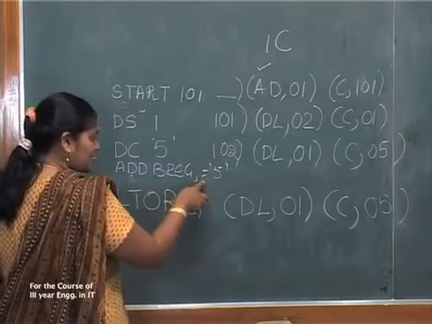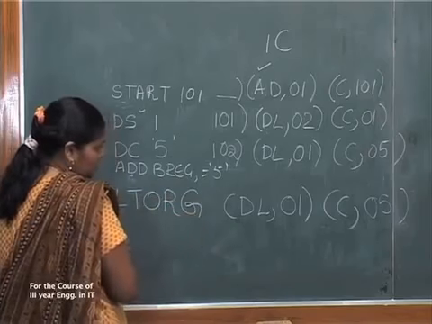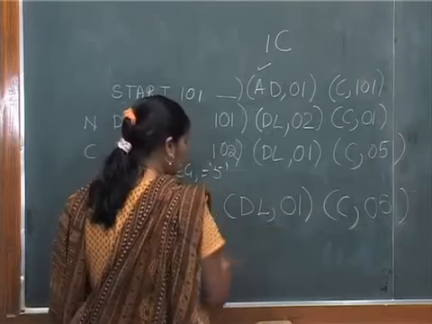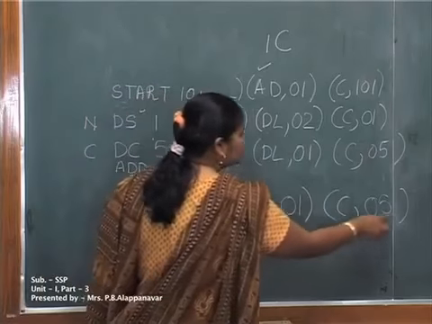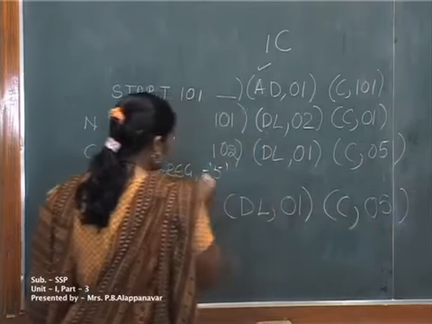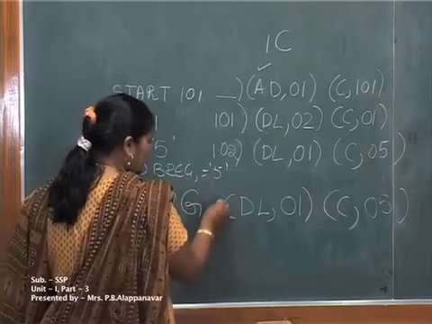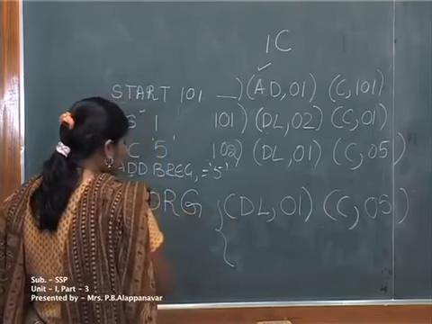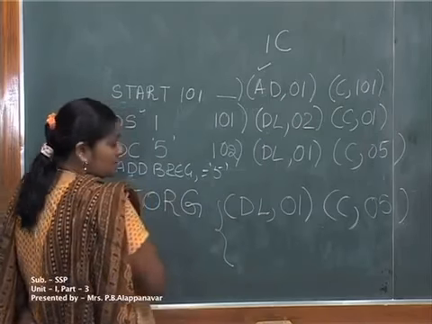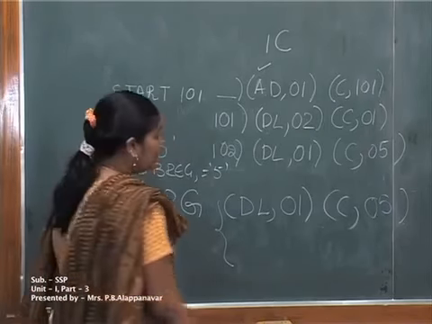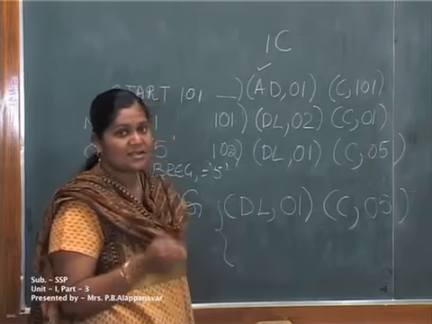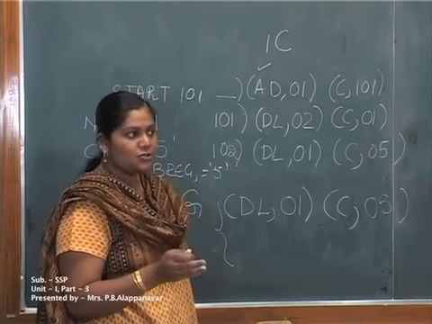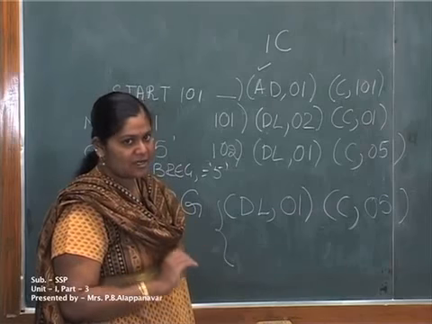Now for this literal 5, when we encounter the LTORG statement, I have encountered only one literal, so I will write DL 01 and I will write constant 05. And if you have encountered more, you will have to write a series of DL statements. So this is how the intermediate code form for LTORG will be written. And if you write it in this form, it basically means that pass1 is doing more work and pass2 is doing comparatively less work.